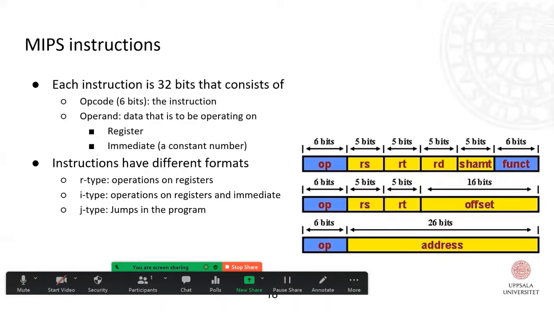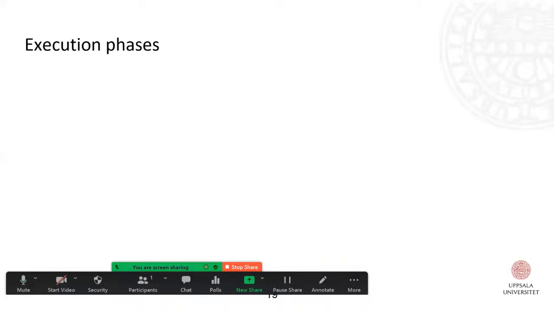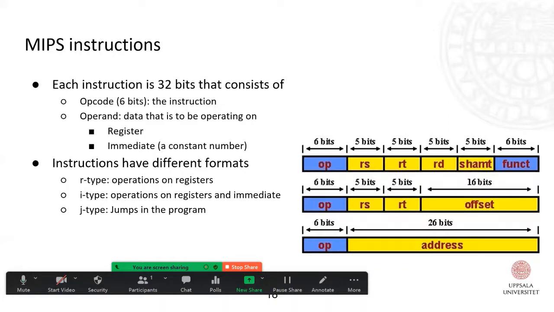So we have 3 types of instructions in MIPS. The first type is called R type, which is mainly used for arithmetic and logical operations. What is specific about them is that they only use registers as operands. Here you can see that the opcode is 6 bits, and then it is followed by registers that contain the data.